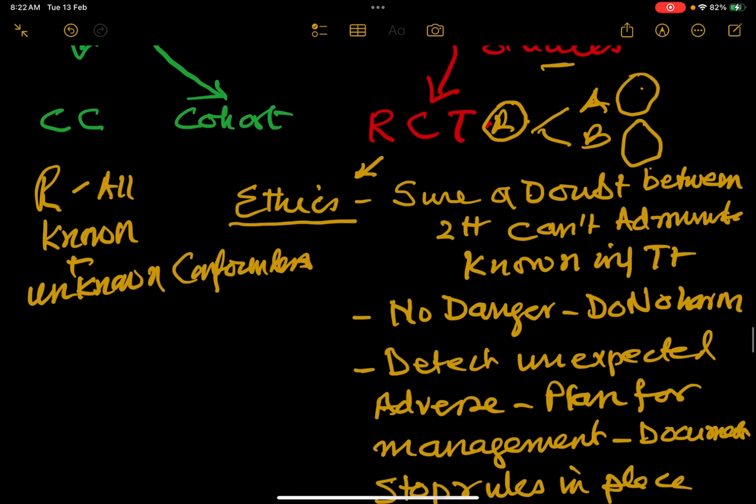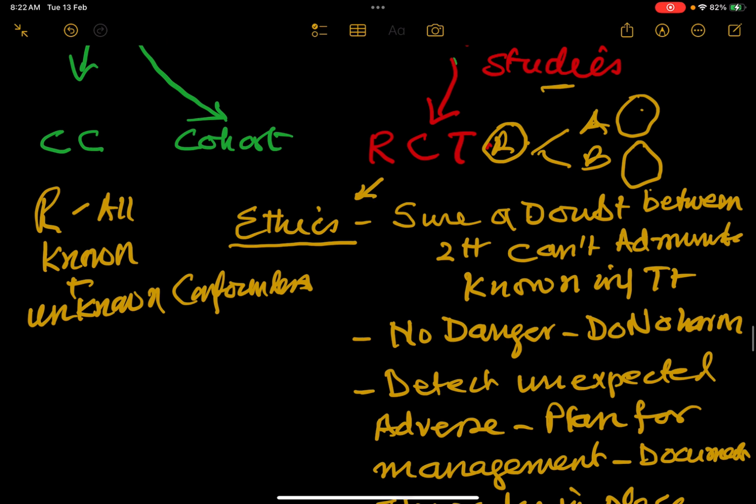But there's a huge amount of ethics involved if you are planning a randomized control trial, because you have to be sure that, you don't know whether the two treatments are different or not. Because you cannot administer an inferior treatment to any human being.